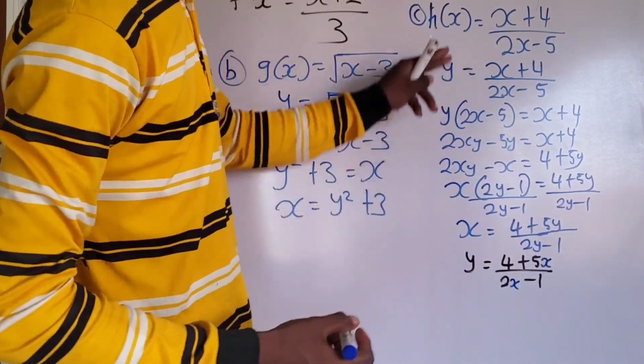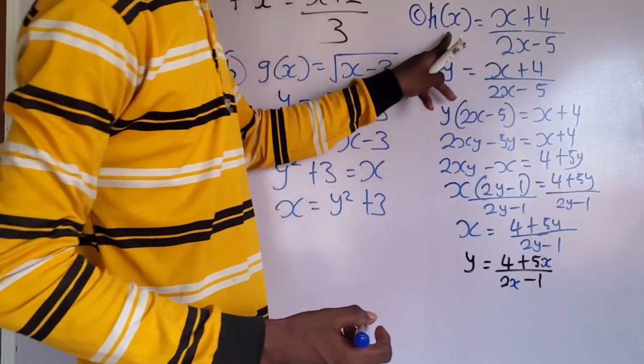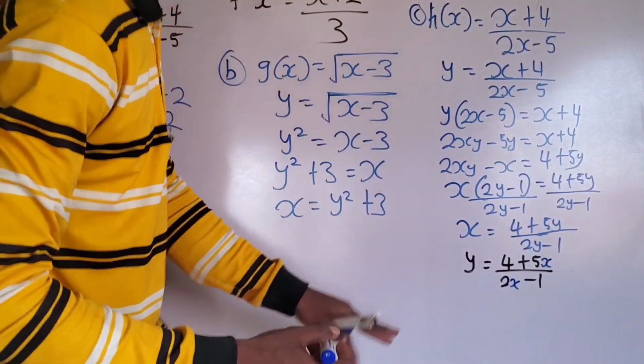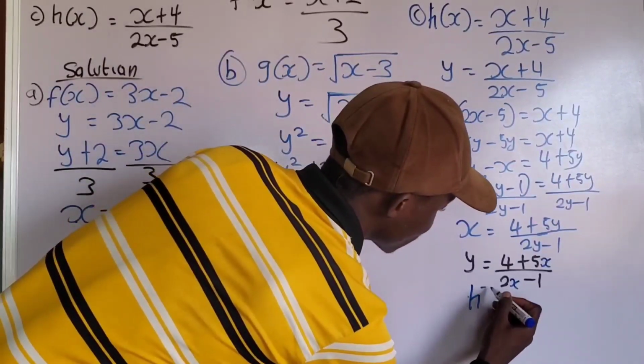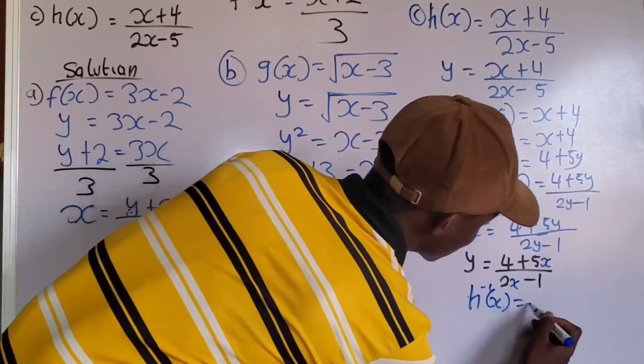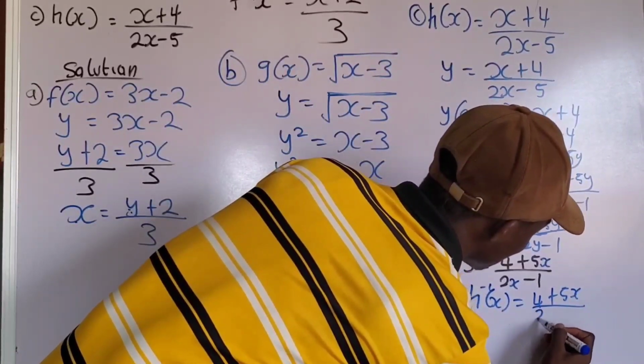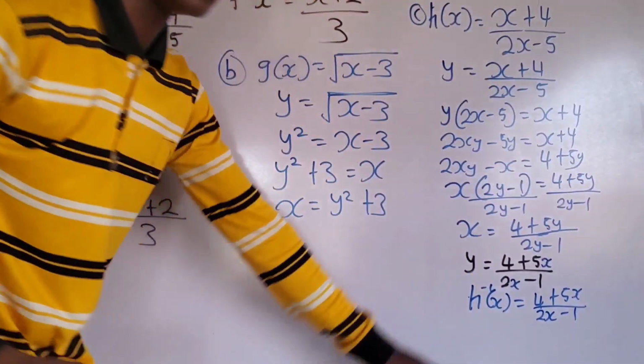So if this function is h of x, the inverse of this function will be the inverse of h of x. You understand? So the inverse of h of x equals 4 plus 5x all over 2x minus 1. Do you understand?